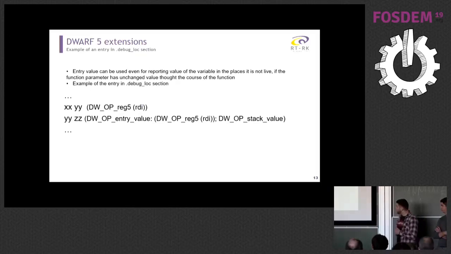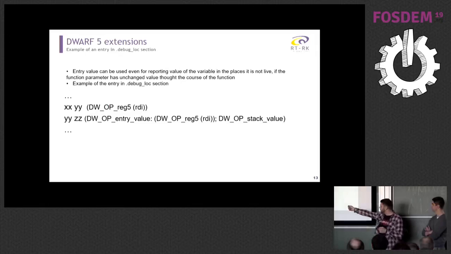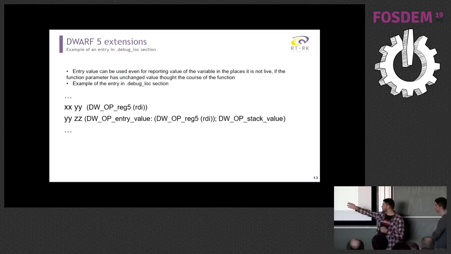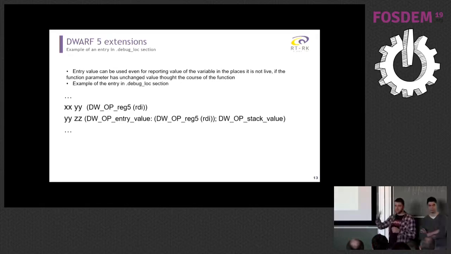Let's imagine that a parameter has its scope from address X to address Z. From X to an address epsilon, it has location information, but for the rest of its scope, we generate an additional op entry value to describe it.